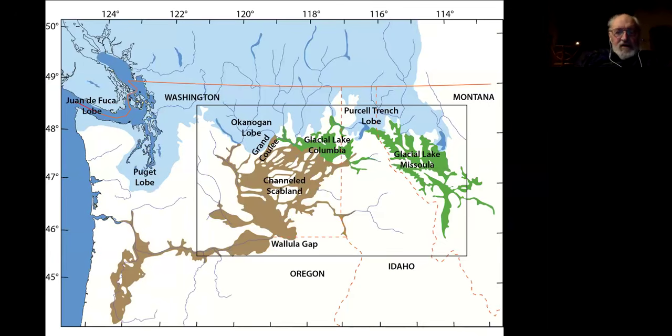Now, being that this is a group of the Ice Age floods people, you know about the mega flooding that occurred in the northwestern US associated with the peak of the last ice age.